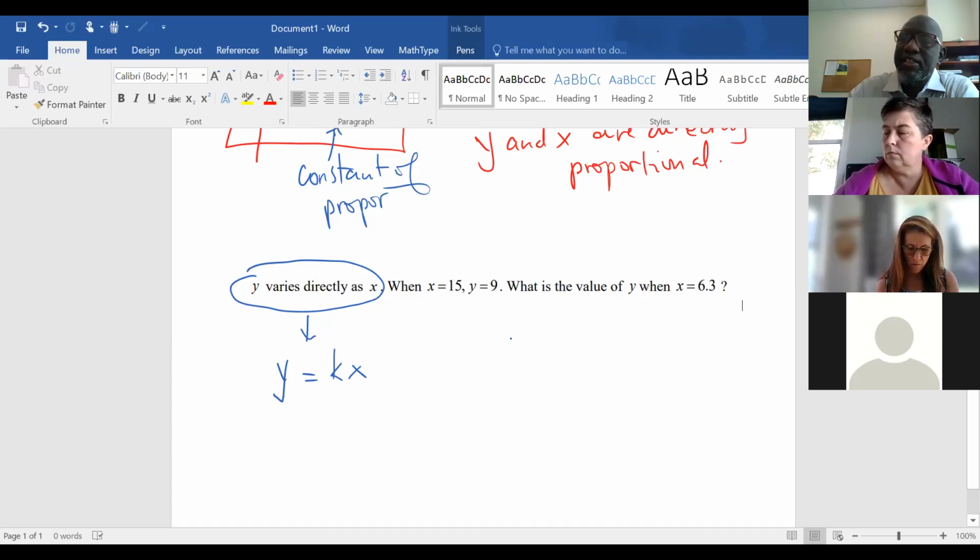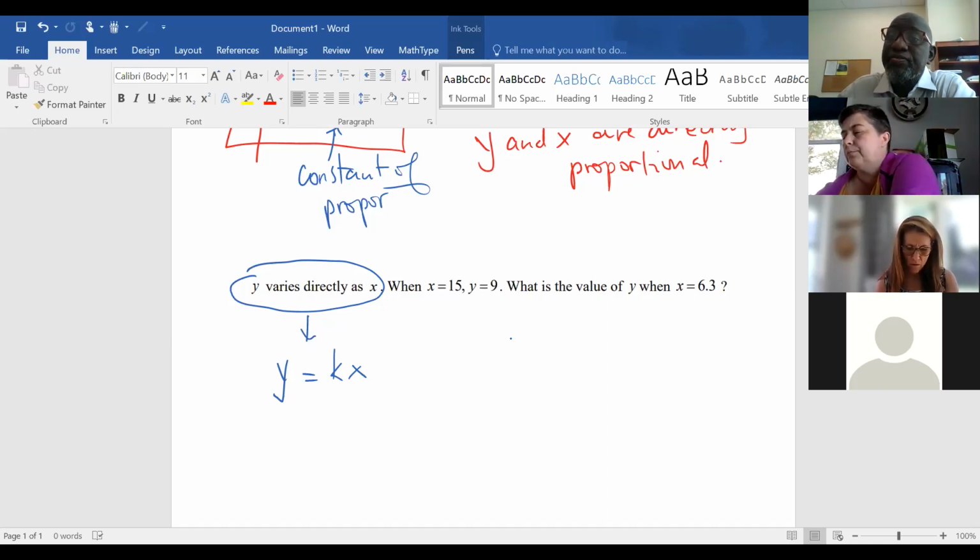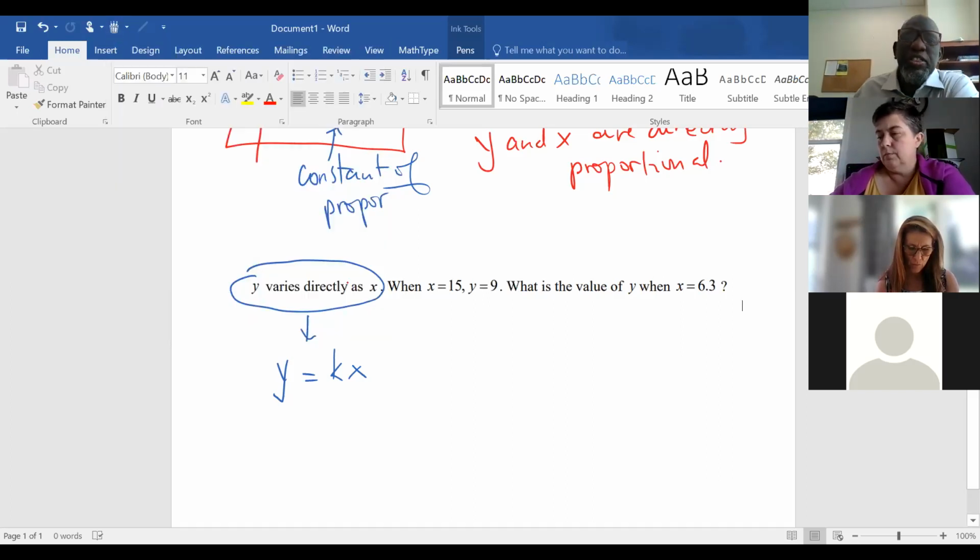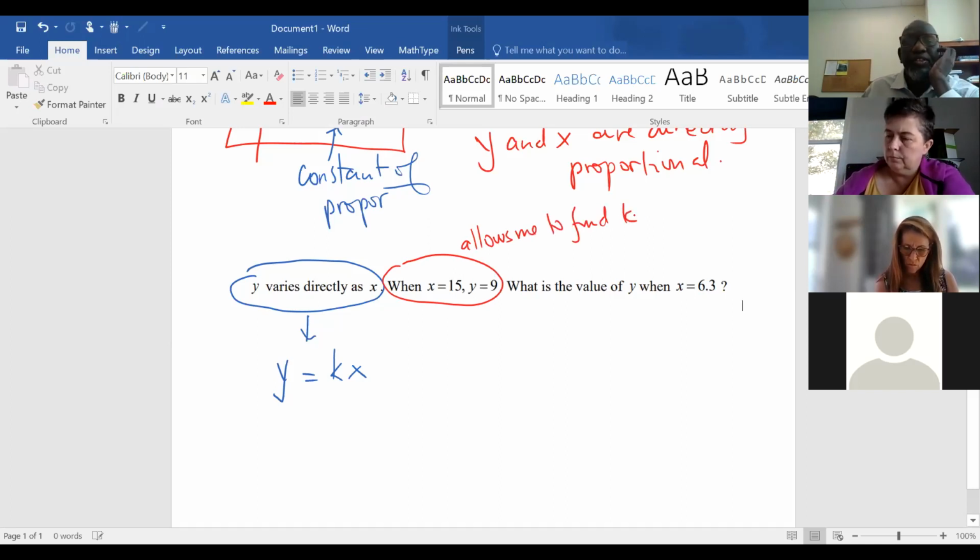Now I need to know k. I need to know what is the constant of proportionality, right? So to know k, I need a couple of data, which I have here. This couple of data allows me to find k. And look right here.